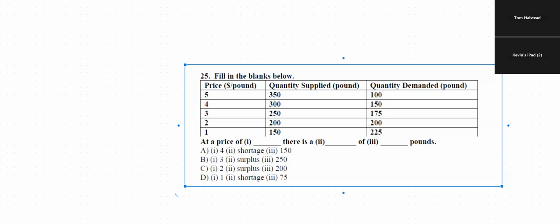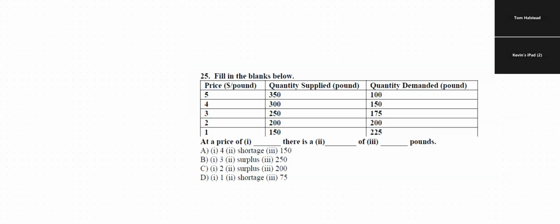This is actually the same thing we just talked about, which is that a shortage, if you think of it in accounting terms, means lost orders, which means you have higher demand than you have supply, lower supply, right?